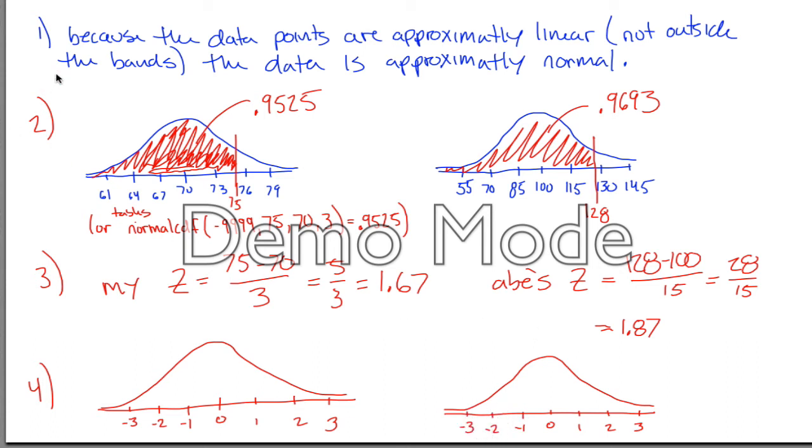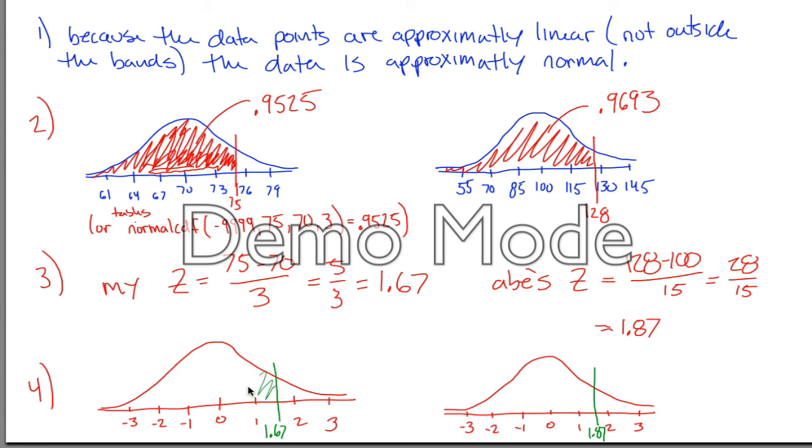And if we look for, let me change colors here, 1.87 as a z-score, that's somewhere in here. Short on room, I think I could squeeze it in. 1.87. And 1.67, same idea, that's somewhere over here.